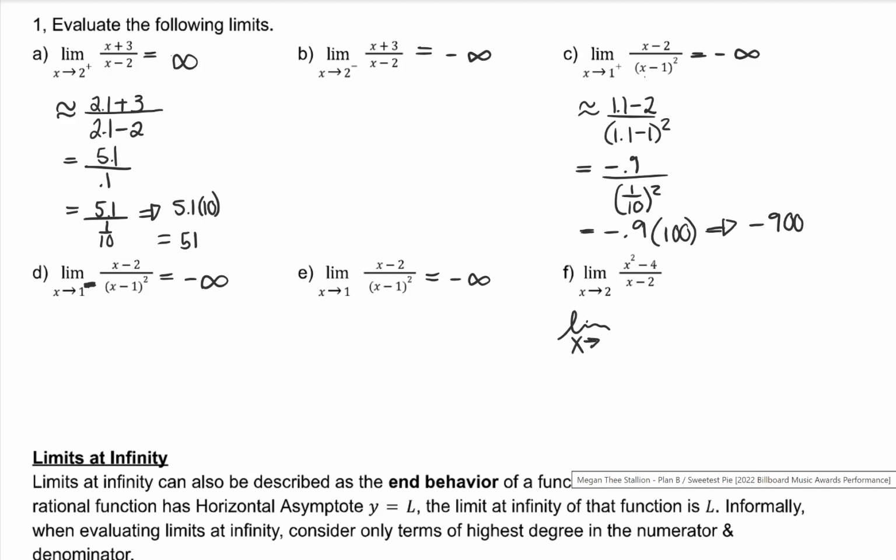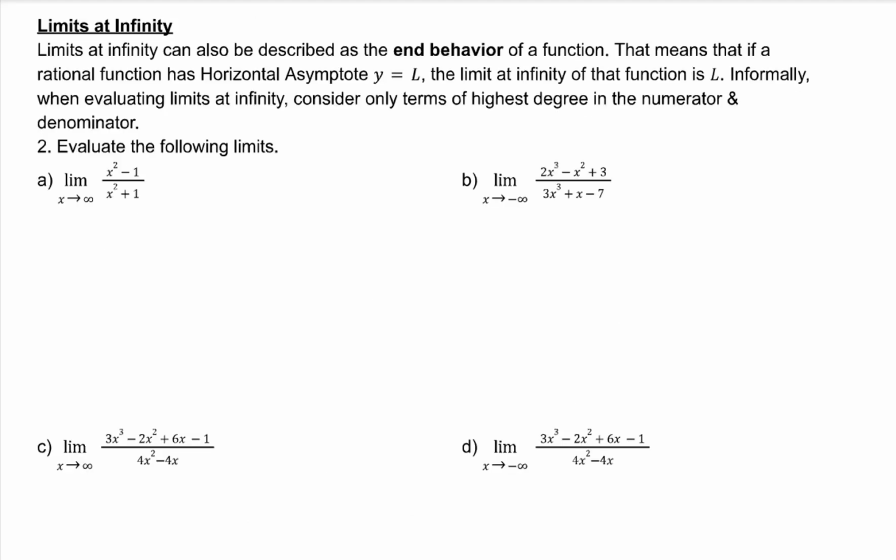Actually, I think we can factor the top and reduce, and this, instead of being a vertical asymptote, will be a hole. Always look for the option to factor because this denominator restriction may be a hole instead of a vertical asymptote, and with some algebraic manipulation, we can end up just using direct substitution to evaluate our result.